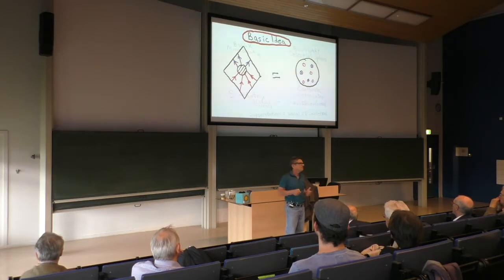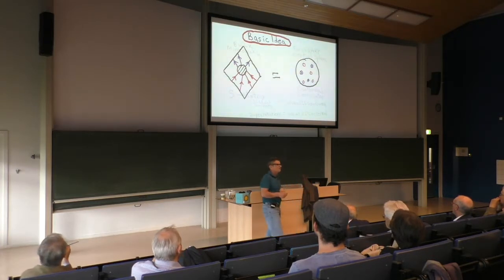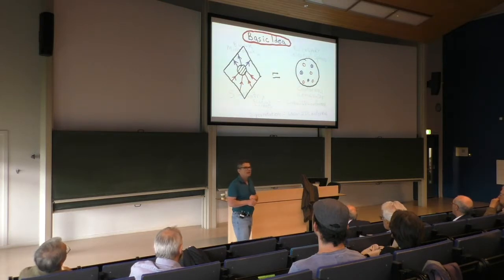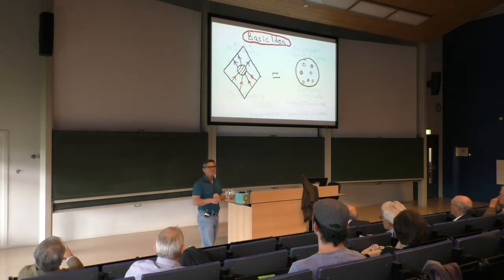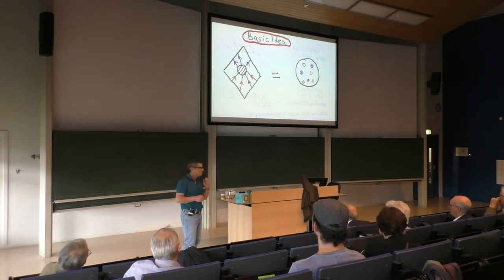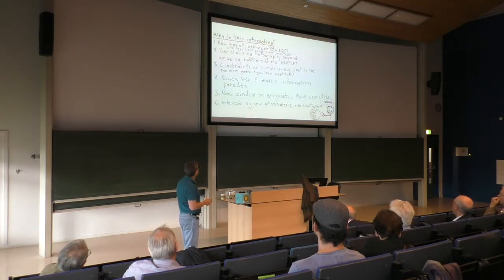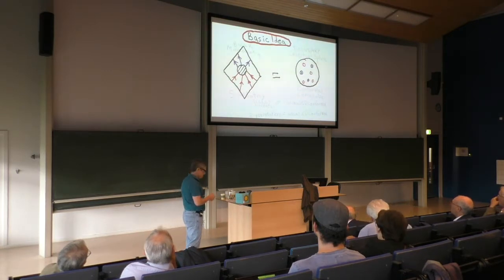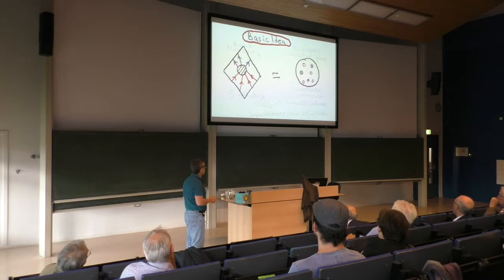So soft theorems are relations among Feynman diagrams that tell you about the behavior of those diagrams when one of the external particles becomes soft. I think I won't be explaining how that goes.